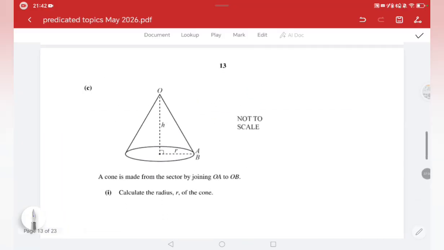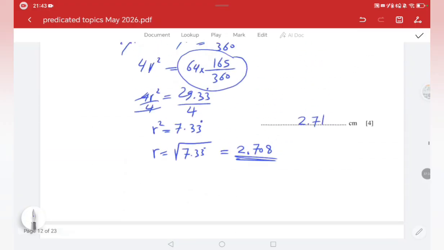They said a cone is made from the sector by joining OA to OB. Calculate the radius of the cone. Look here, this is AB. This AB is a circumference. What's AB there?